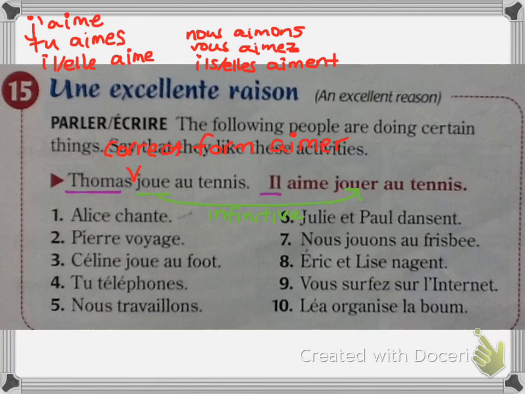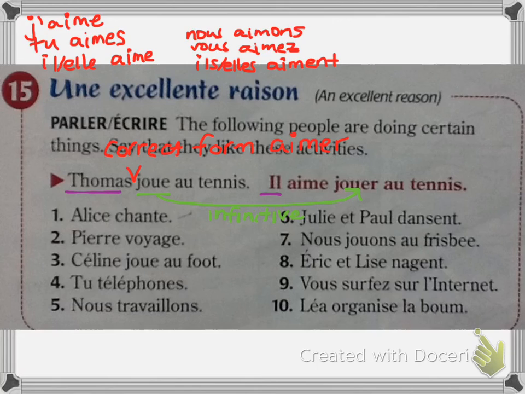3. Céline joue au foot. Elle aime jouer au foot. 4. Tu téléphones. Tu aimes téléphoner. Numéro 5. Nous travaillons. Nous aimons travailler. Numéro 6. Julie et Paul dansent. Ils aiment danser. 7.